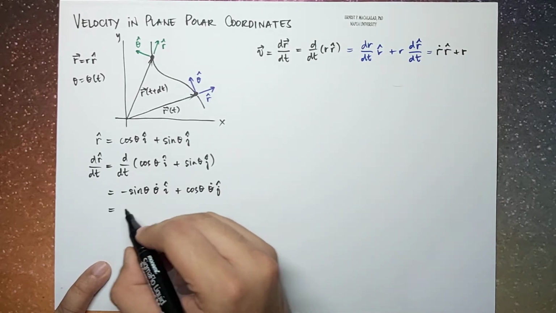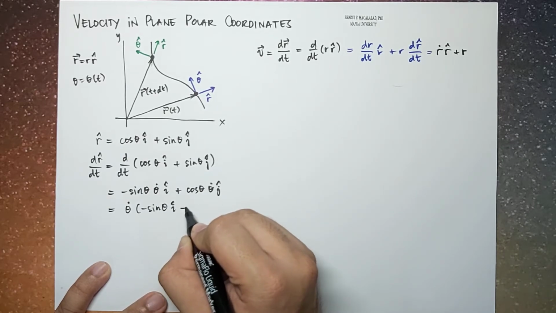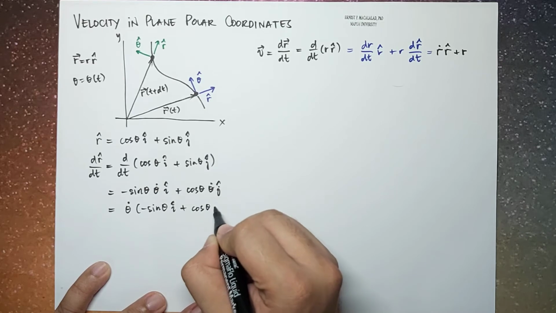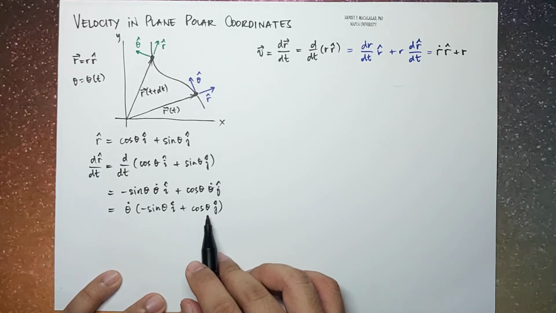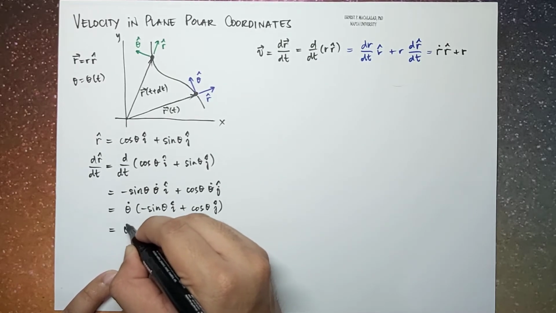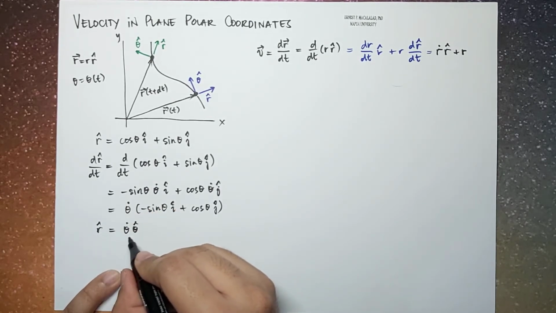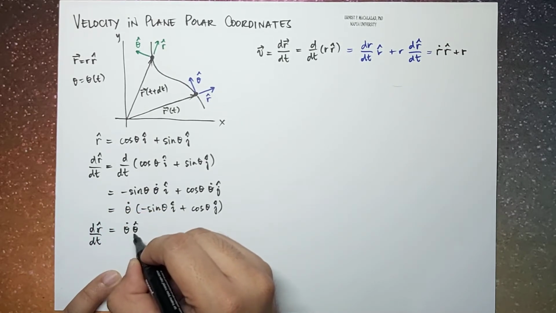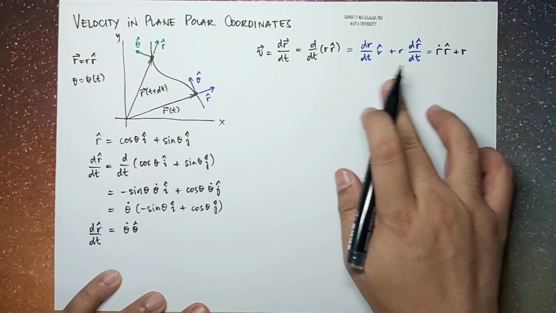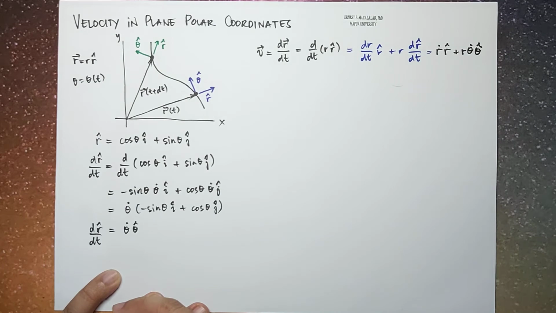This is now equal to theta dot times negative sine theta i hat plus cosine theta j hat. And what is this? This is equal to theta hat. So in other words, the derivative of r hat with respect to time is just equal to theta dot theta hat. Placing it in our expression earlier, this becomes theta dot theta hat.